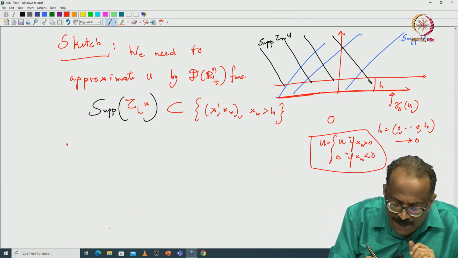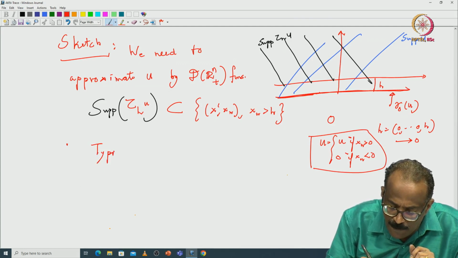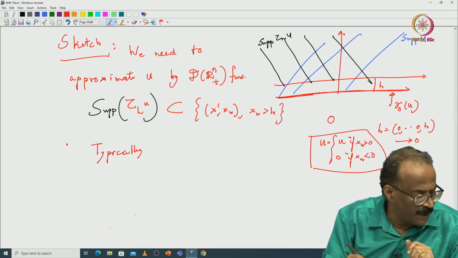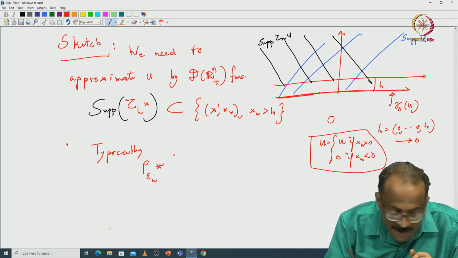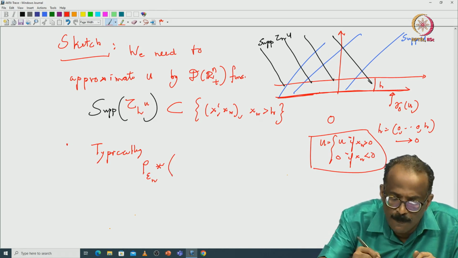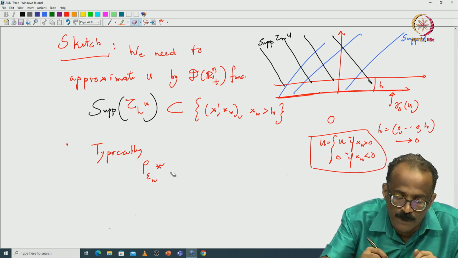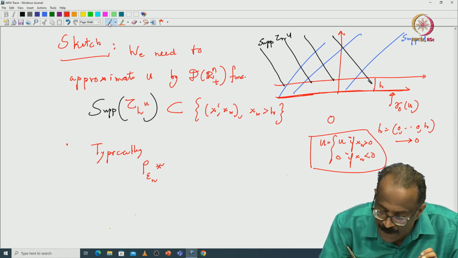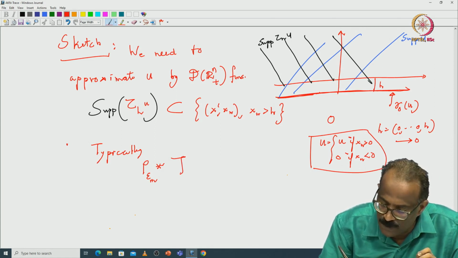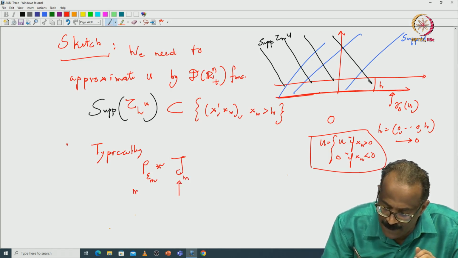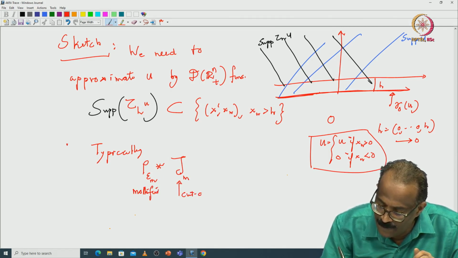Typically you choose some rho epsilon, convolve with it, and then you have cutoff functions, cutoff maybe zeta m, mollifiers, and then you will have translation.